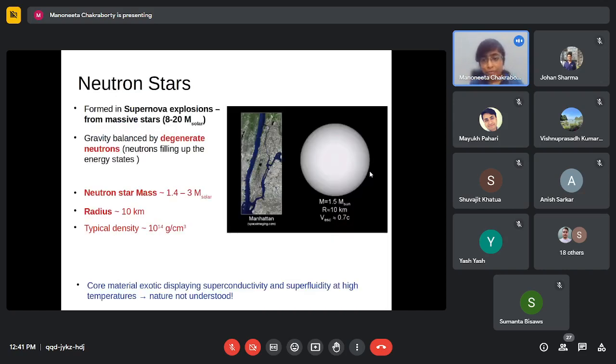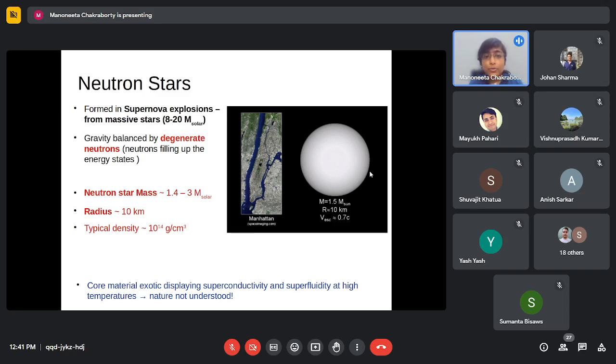The other type of stellar remnant I mentioned is the neutron star. This is also very cool, not as popular as the black hole, but to me, sometimes even cooler. These are also formed in supernova explosions, but from parent stars that have slightly less mass than black hole forming parent stars.